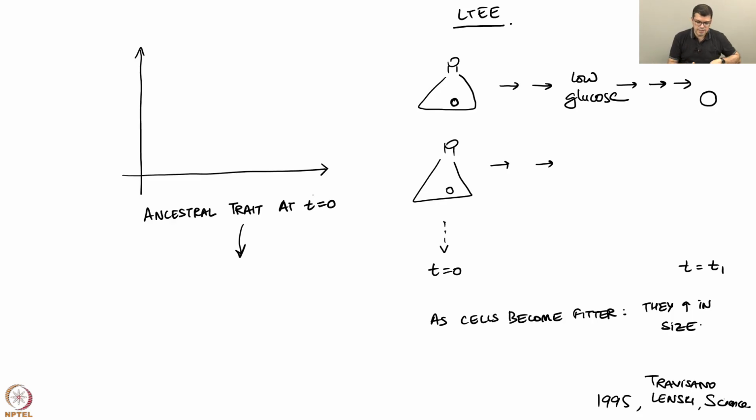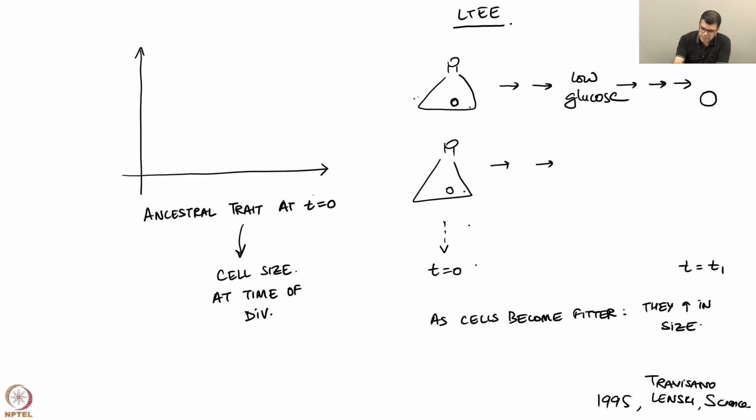Alright, so ancestral trait, and let us just worry about that. Maybe the trait that I am looking at is just cell size. How big are the cells at the time of division? Maybe cell size at time of division. So this is the trait that I am looking at in the ancestral population, and on the x axis I will plot the value of this trait for each of these 12 flasks, right.